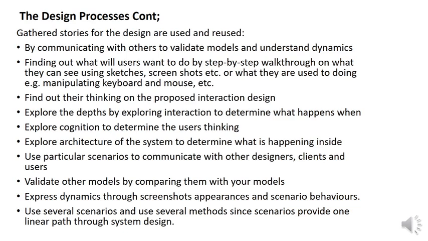Explore depth by exploring interaction to determine what happens, and exploit cognition to determine the user's thinking. Explore the architecture of the system to determine what is happening inside. Then express dynamics through screenshots, appearance, and scenario behavior. Use several scenarios and several methods, since a scenario provides one linear path through the system design.